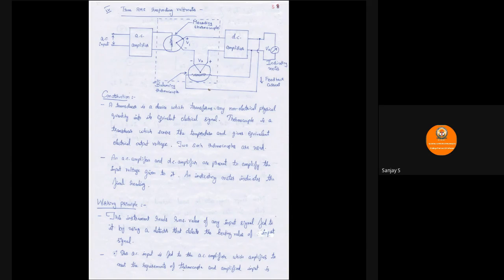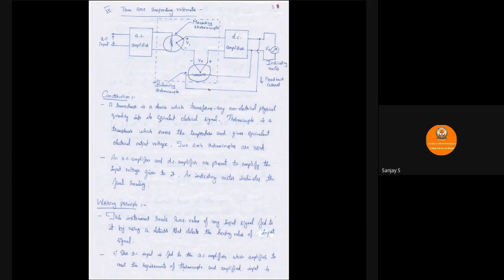We very well know that a transducer converts a non-electrical signal or physical parameter into an equivalent electrical signal. Here the thermocouple converts heat energy into an equivalent electrical signal. Then we have an indicating meter, which is used for indication of the RMS value.